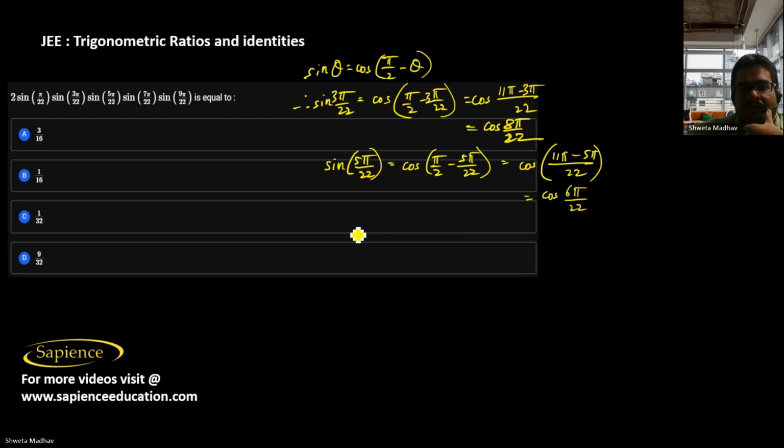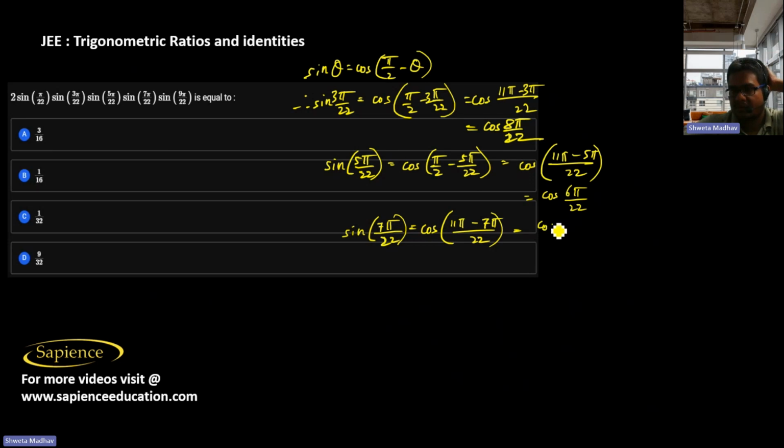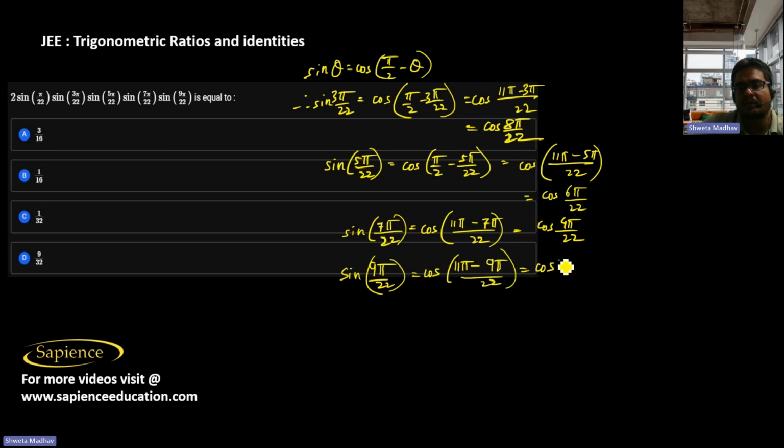Then sine 7 pi by 22 can be written as cos of 11 pi minus 7 pi by 22, so it will be cos of 4 pi by 22. Similarly, sine 9 pi by 22 can be written as cos of 11 pi minus 9 pi by 22, that will be equal to cos of 2 pi by 22.